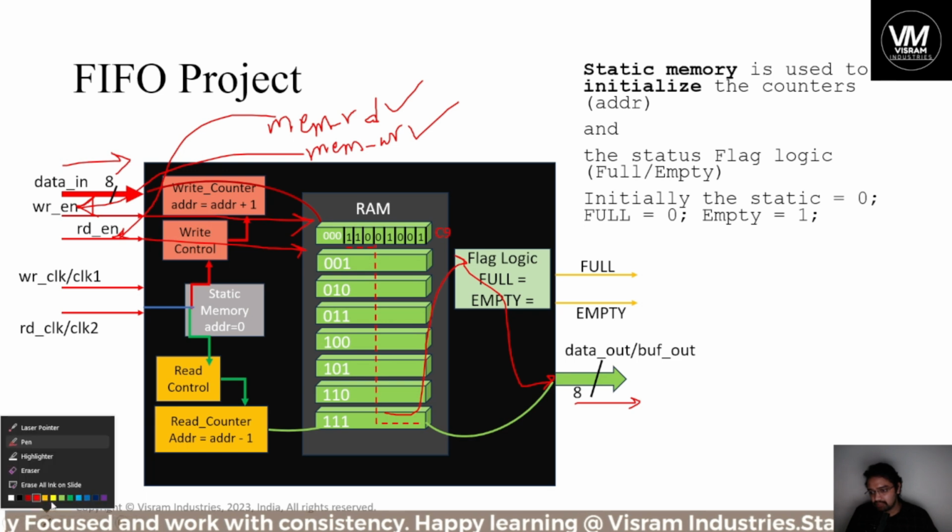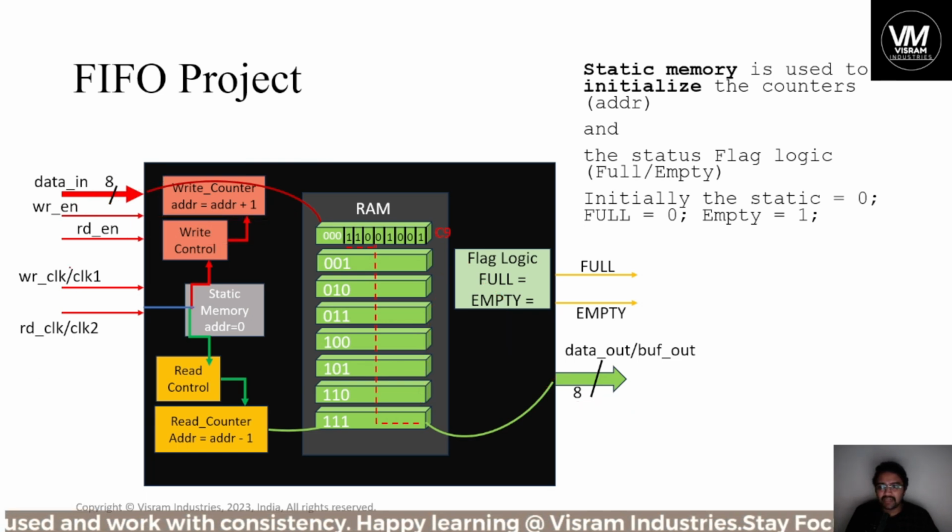Another thing is that write clock and read clock are different clocks, because at some particular time write can happen in the FIFO, since write has a separate direction and read has a separate direction.